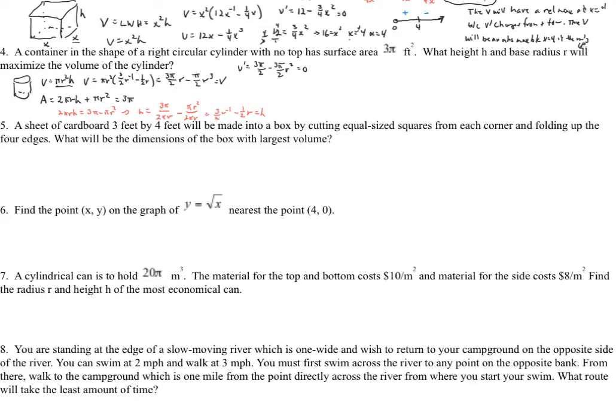So I'm going to add the 3 pi over 2 r squared to the other side. So we've got 3 pi over 2 r squared equals 3 pi over 2. That's kind of nice because 1 is going to be r squared. r can be positive or negative 1. I guess we should say our domain is going to be that r must be greater than 0. So that means our only critical point is going to be r equal to 1.